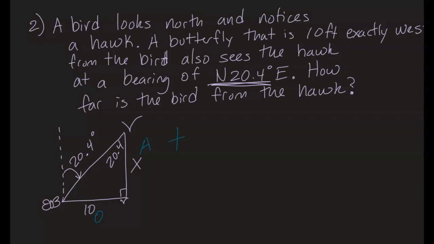So now we're going to do tangent of 20.4 equals opposite over adjacent, TOA. And what do I do to solve this? Just like the previous ones, we switch the x and the 20.4, multiply by x, and then divide by tan 20.4.